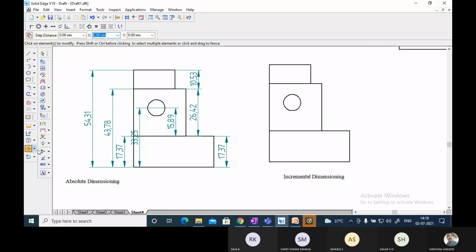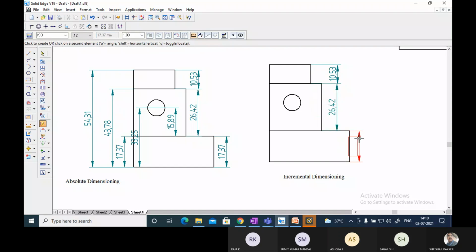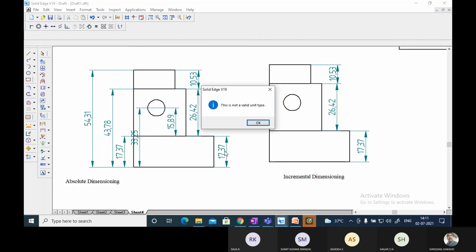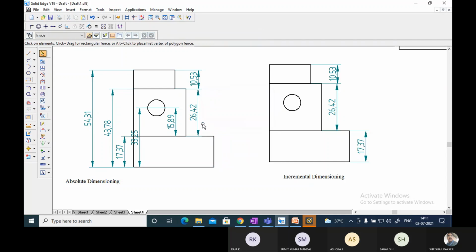You're understanding? Here I'll write it once again. This is incremental dimensioning. That means with respect to the previous dimension, the next dimension should be taken. This is incremental dimensioning.